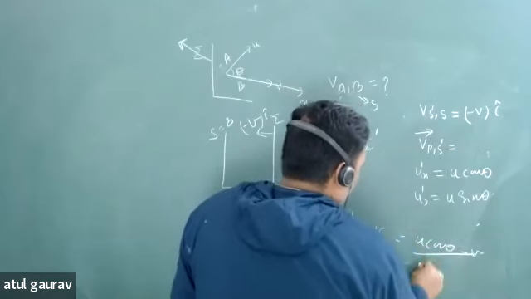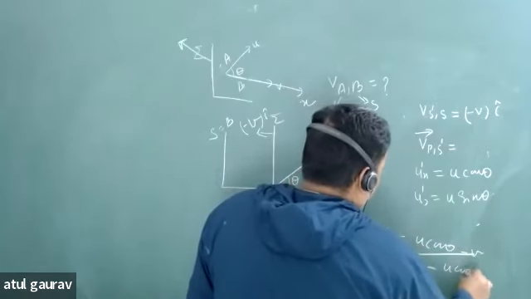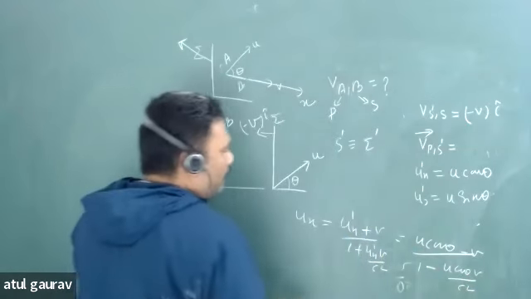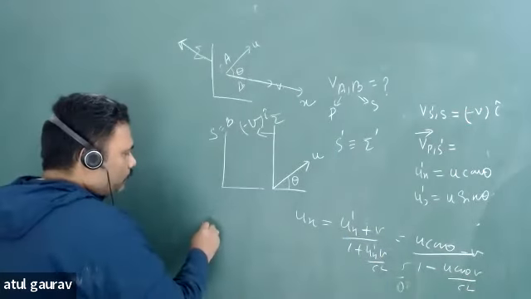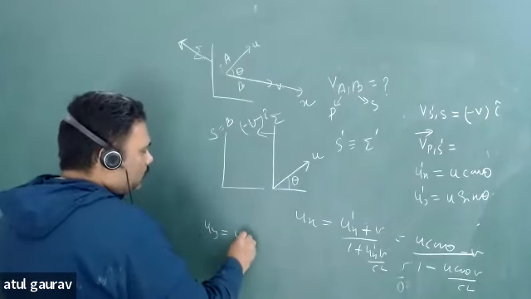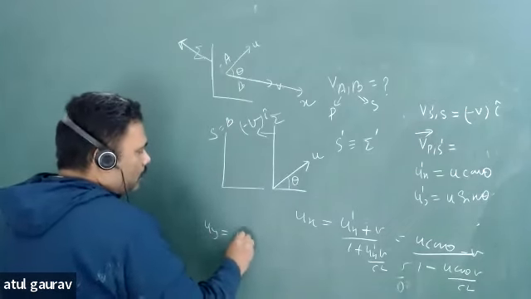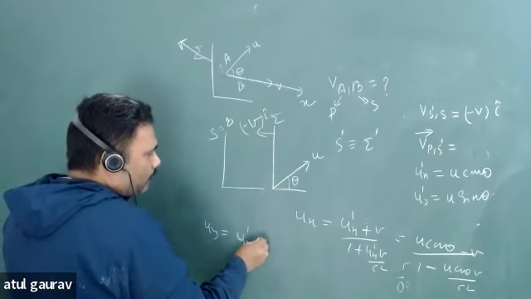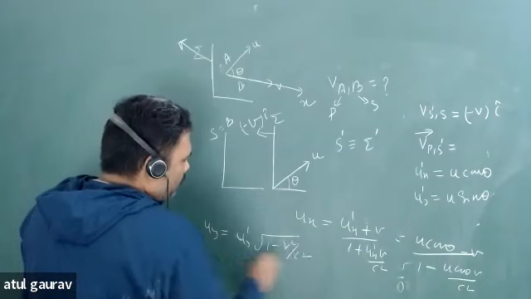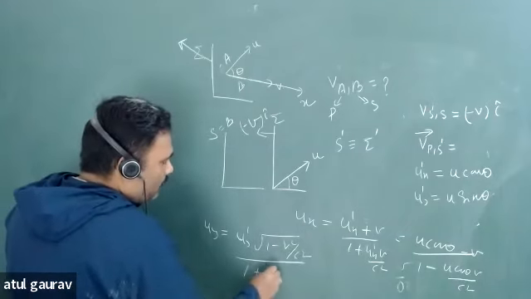Minus v. So 1 minus u cos theta v upon c square. And similarly, what will be your uy? uy is equal to uy dash root under 1 minus v square upon c square.